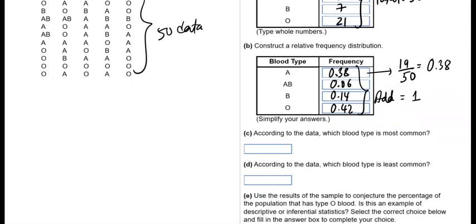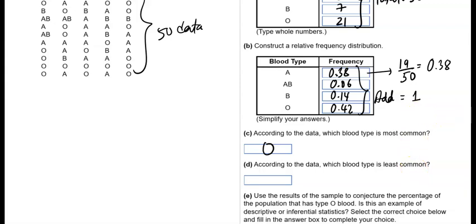The next question says, according to the data, which blood type is most common? The most common means which has the higher relative frequency or frequency, which is going to be O. So the answer is O is the most common blood type. The next question is, according to the data, which blood type is least common?